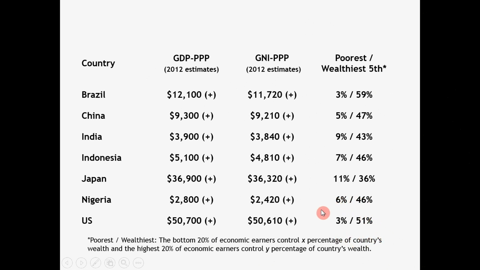The poorest 20% of the population in the country earn only 3% of income, compared with the richest 20% of people who own 51% of the country's total income. So it's a very large income inequality.